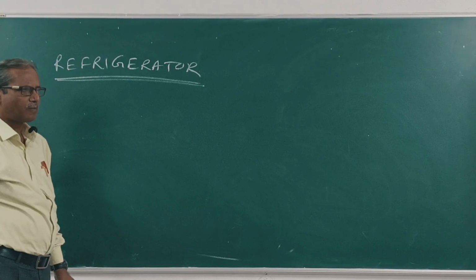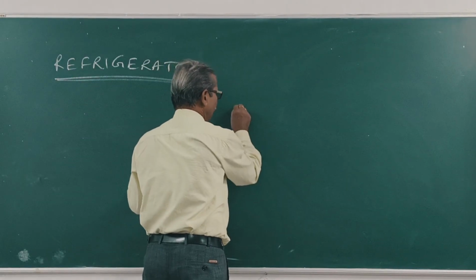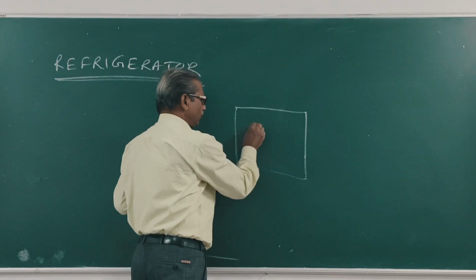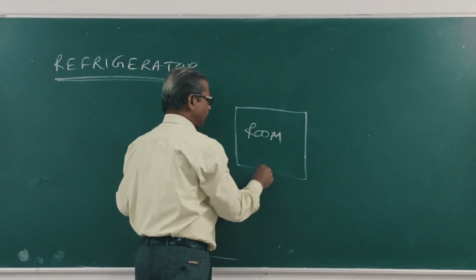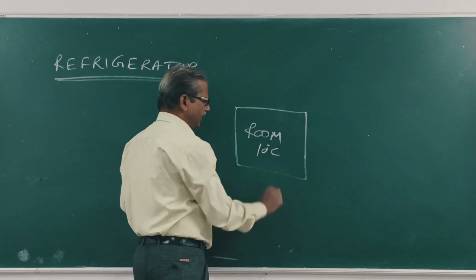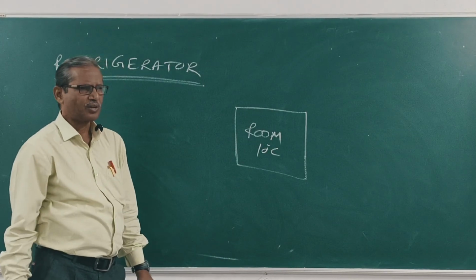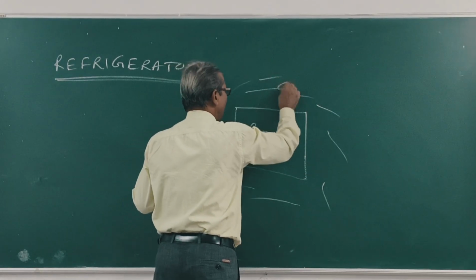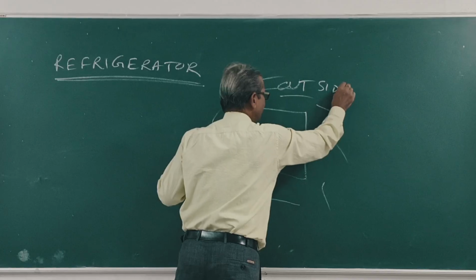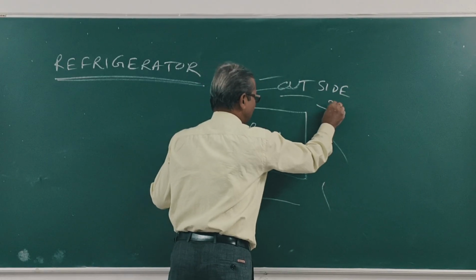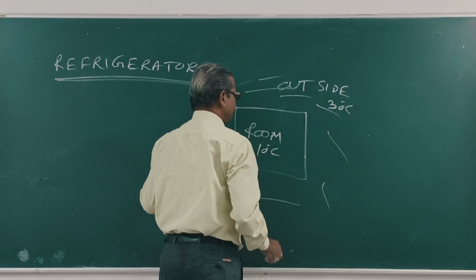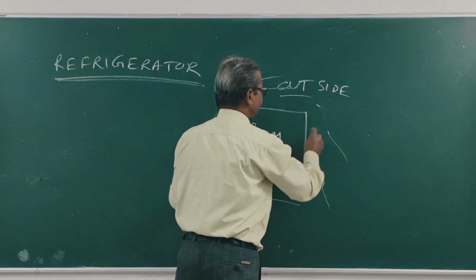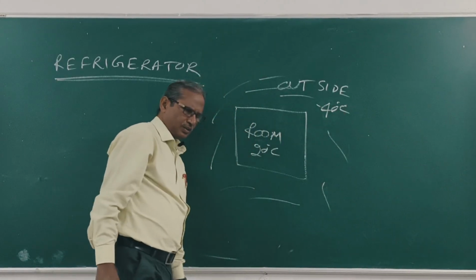Suppose this is a room. Try to understand the room. The room has temperature 10 degrees centigrade. Clear? Outside surrounding is suppose 30 degrees centigrade. Suppose this is 20 degrees centigrade. This is 40 degrees centigrade. Clear?